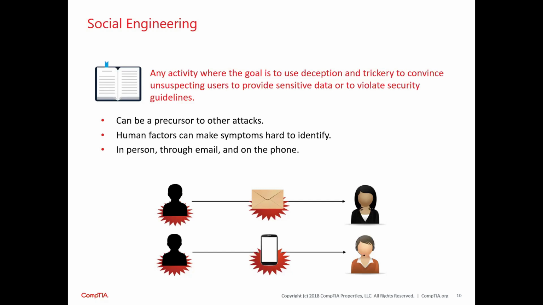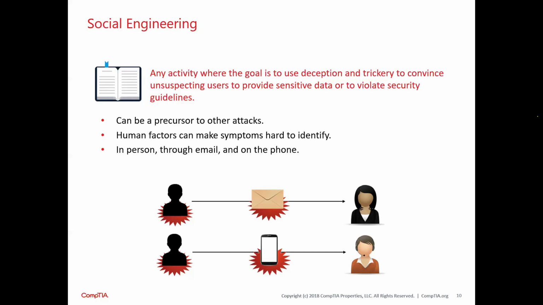Social engineering can be a precursor to other attacks, meaning you can start with social engineering to get some information, whether technical or non-technical. The human factor makes symptoms hard to identify.